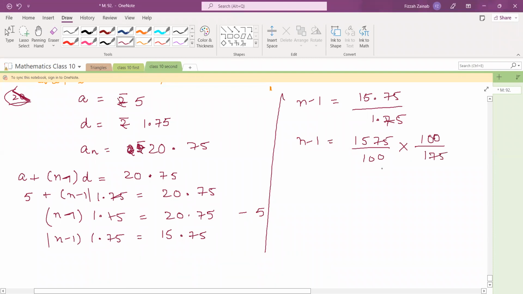So my decimal is gone, 100 cancels out. Now divide this by 5 to reduce it. Then 35 is divisible by 7: 7 into 4 is 28, 7 into 5 is 35. So it is 9, right? So basically N minus 1 is 9. So N is 9 plus 1, that is 10.